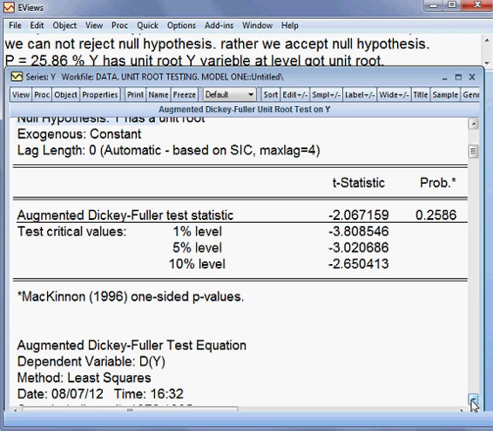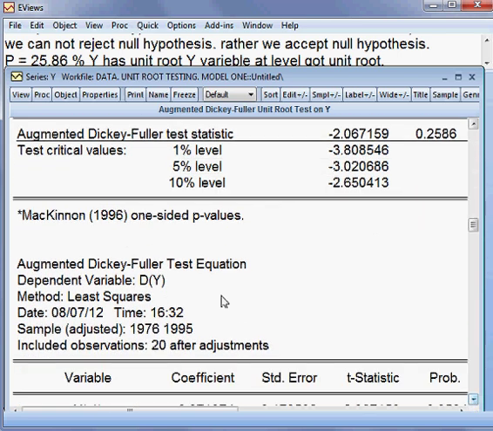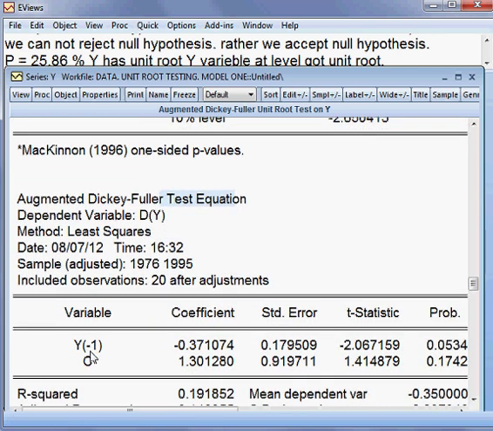So you go below. Make sure, and this one is the augmented Dickey-Fuller model, right? Make sure here the coefficient of this variable y lag 1 must be negative.